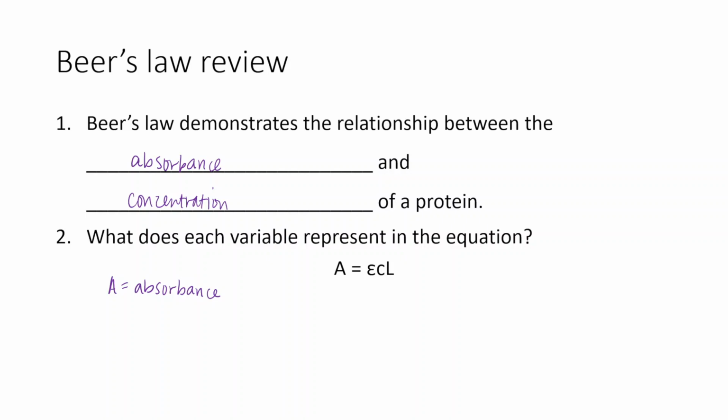Yes, epsilon is a constant. It is usually called the extinction coefficient. So epsilon is a property of any particular protein. It depends on the size of the protein and also what specific amino acids are in the protein.